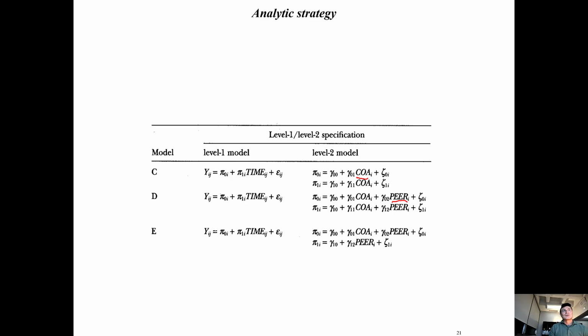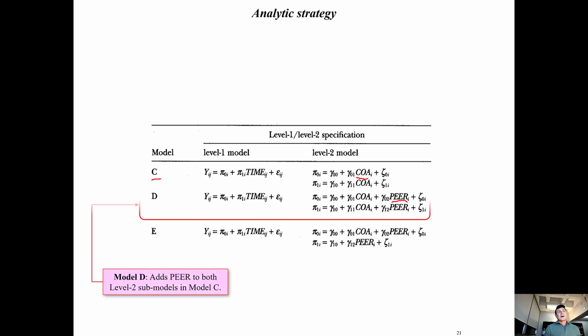So in these different examples, we have the first model, which just adds in, do the parents drink? And in this situation, it's a binary variable, yes or no. Do parents drink, and how much do peers drink? So we have this variable. And then this final model, I'm not even going to go over it.